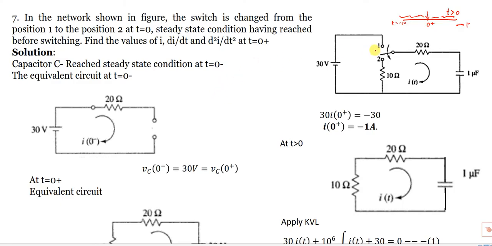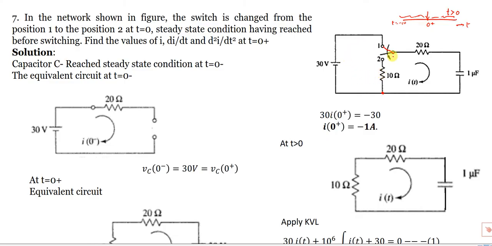It is already given that the switch is changed from position number 1 to this. So in the actual circuit now, this 10 ohm is not connected to the 30 volts. Only one end of the 10 ohm is connected here. The second end of the 10 ohm is just hanging, so it is not considered.